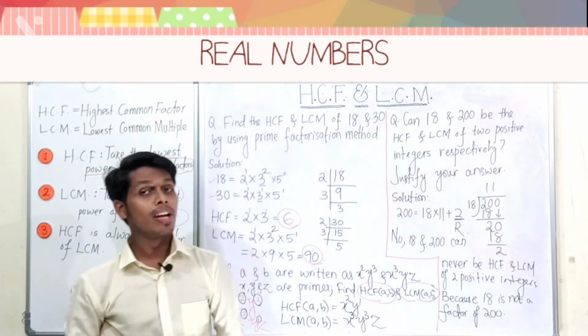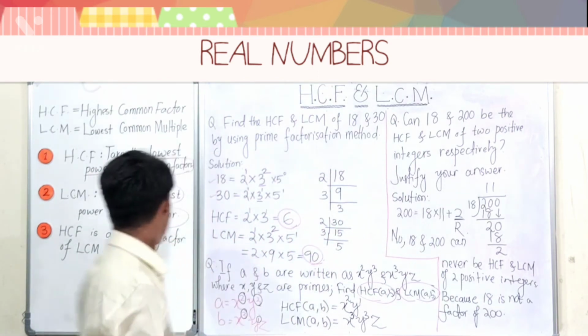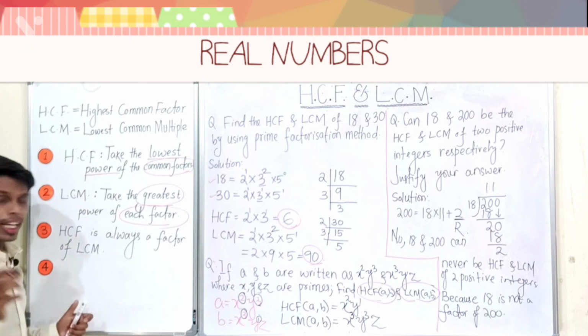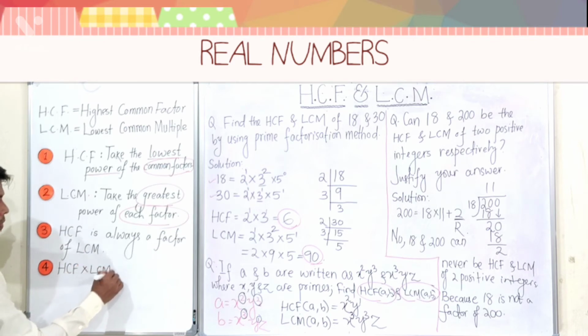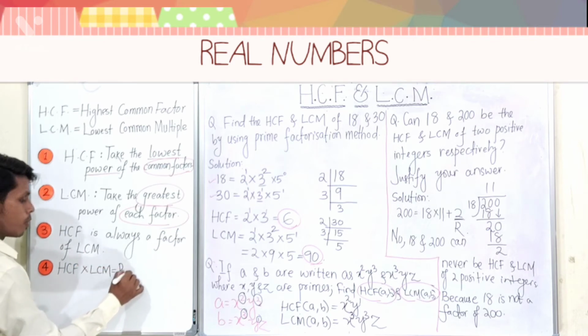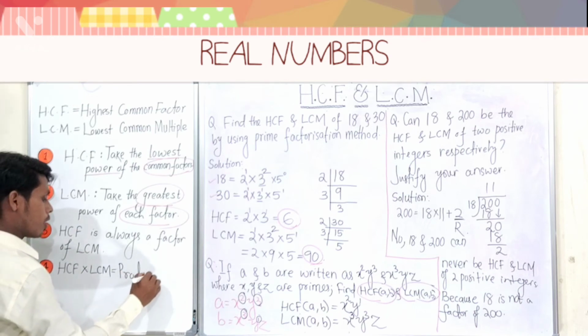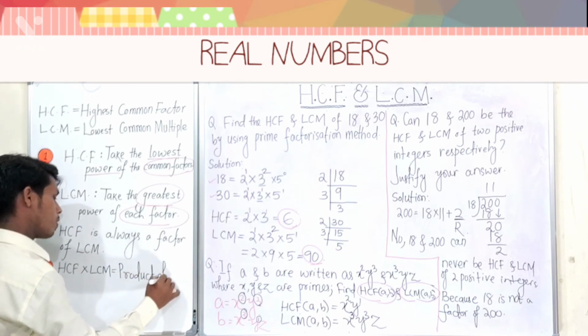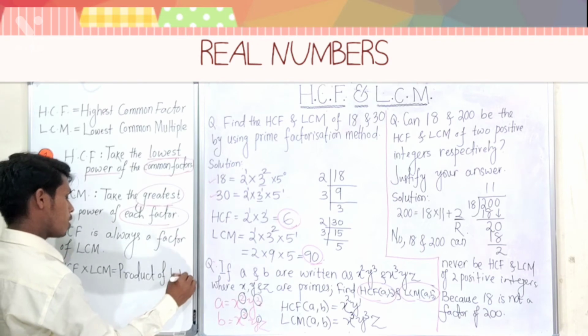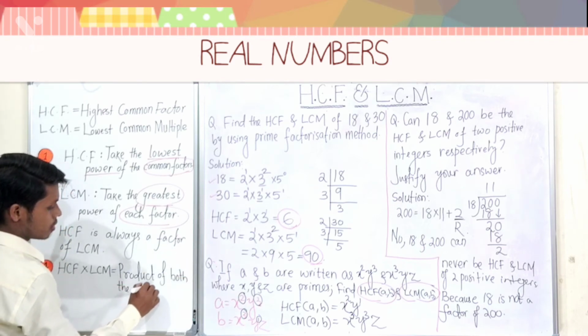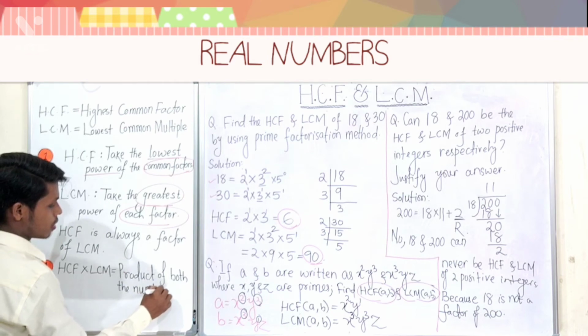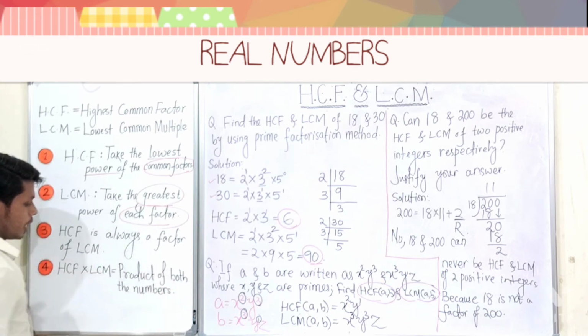Got it? Now let's move to the next concept. The next concept is HCF multiplied by LCM is equal to product of both the numbers. It is very simple.